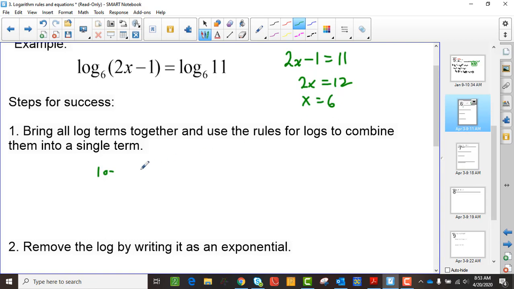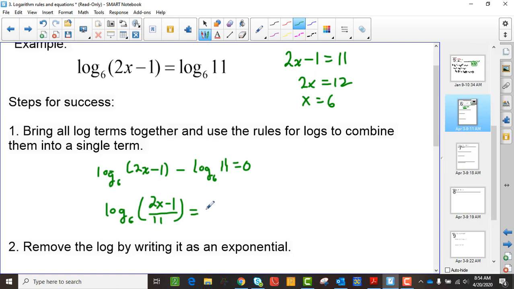But the other way of doing this, and we'll just do this as an example following the rules, because sometimes you do have to do these, is you bring the logs together and write them as a single term. So when I bring it over, I make it a division: log base 6 of 2x minus 1 over 11 equals 0.